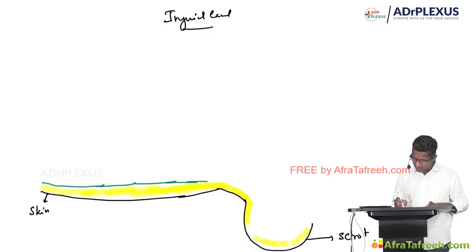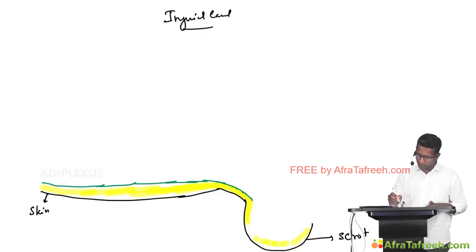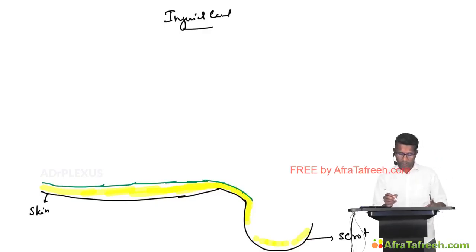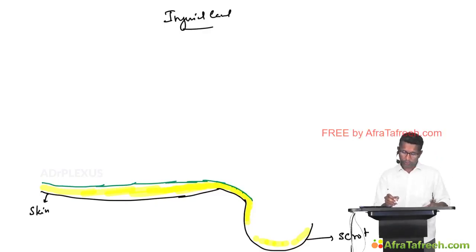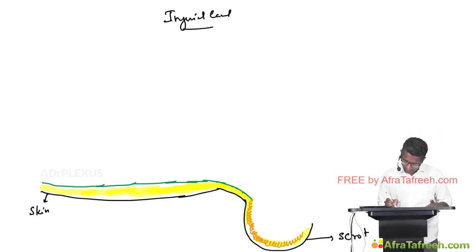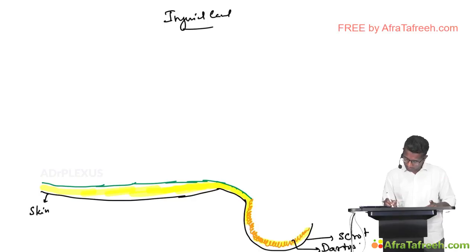These two layers enter into the scrotum and form a muscle called the dartos muscle. I hope you know the wrinkling of the scrotum is due to the dartos muscle.